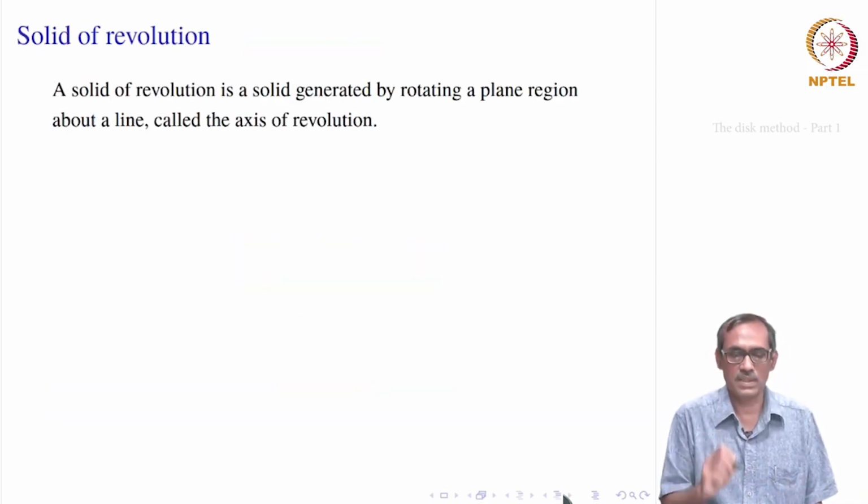So, first, what is a solid of revolution? A solid of revolution is a solid which is generated by rotating a planar region about a line. That line is called the axis of revolution.